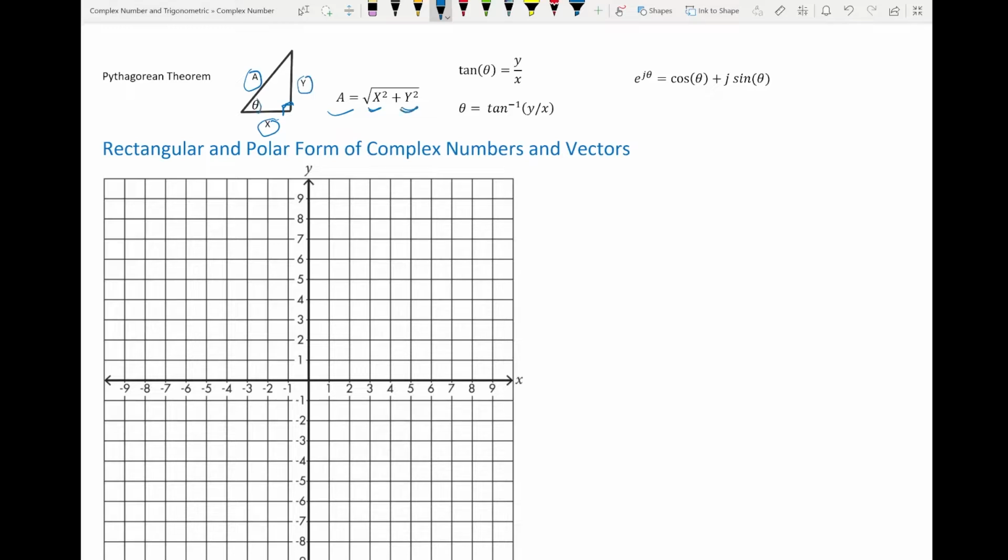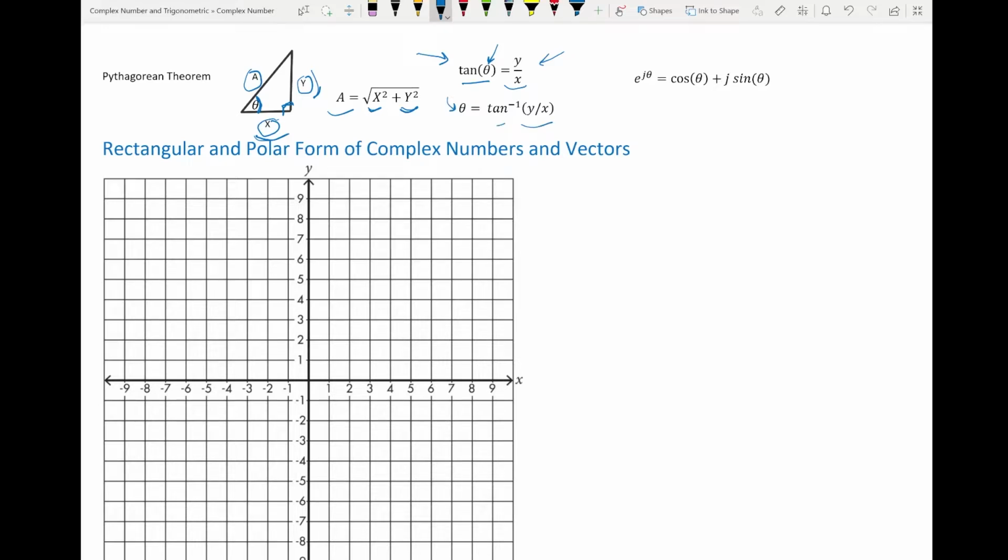And if I take the tan of this angle, it will be the opposite side y divided by the adjacent side x. Now, if I want to find this angle theta, I will take tan inverse for both sides of this equation. So then this will be theta and this will be tan inverse y over x.